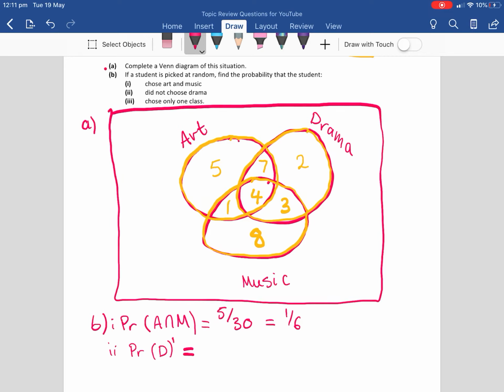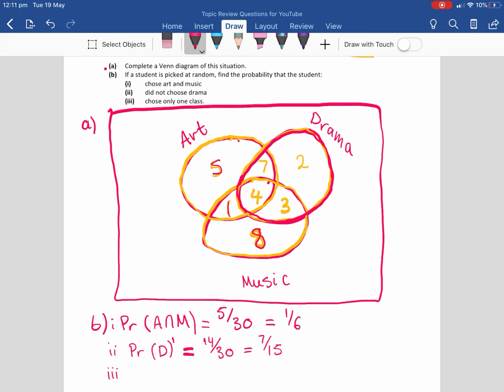So what we're going to do is count the numbers that are not in this big circle of drama. You've got 5, 1, and 8. They're all the people that didn't choose drama at all. So that would give you 14 out of 30. Simplify that, it should give you 7 over 15.